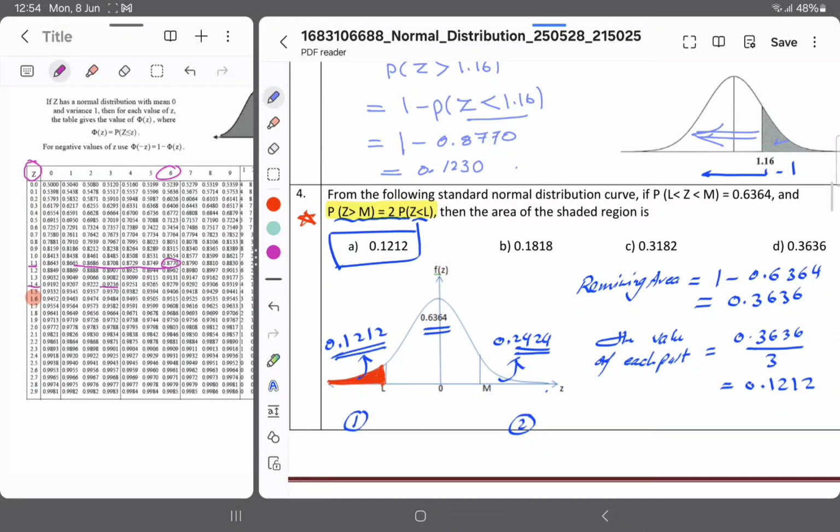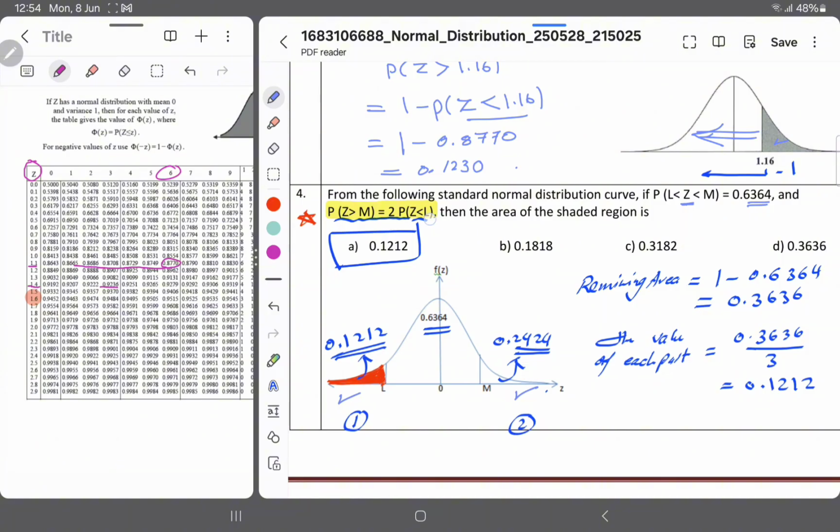In the next question, we have a very tricky question. In this question, he said, from the following standard normal distribution curve, z between L and M, that is the values of z between L and M, has area 0.6364, and the probability of z greater than M, which is here, is equal to twice that area.